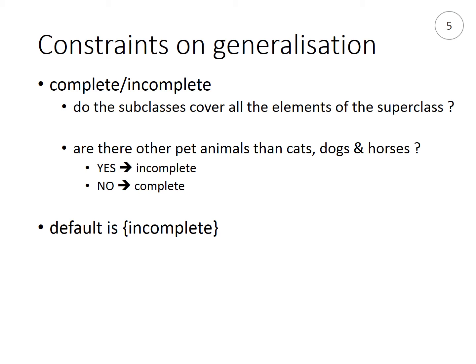The question to ask is, are there other pet animals than cats, dogs and horses? If yes, then the specialization or the subclasses are an incomplete specialization of the general concept. If there are no other pet animals than cats, dogs and horses, then the specialization is complete. If you don't specify anything, then the assumption is made that the subtypes are an incomplete specialization of the general concept.